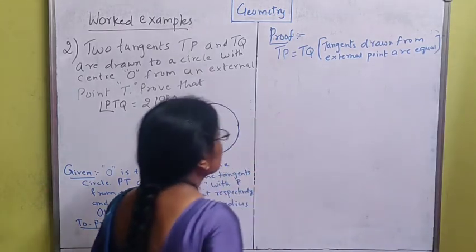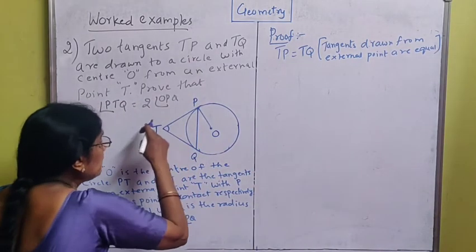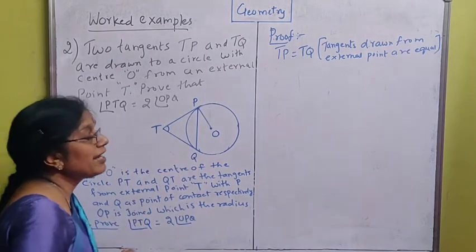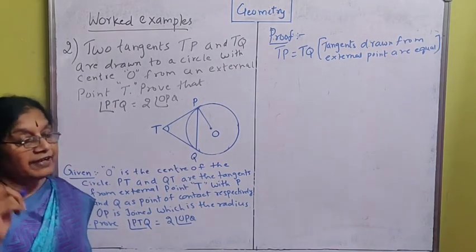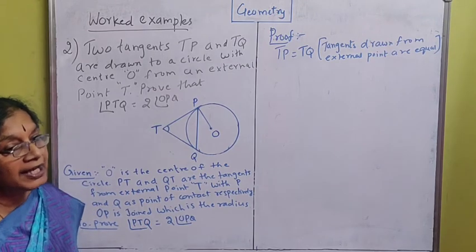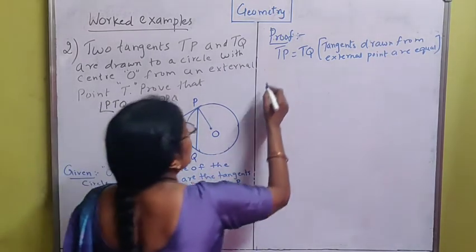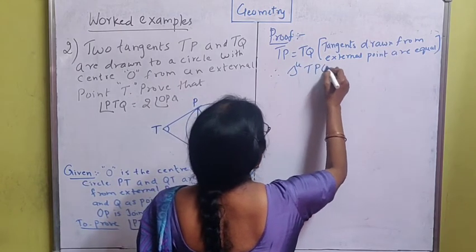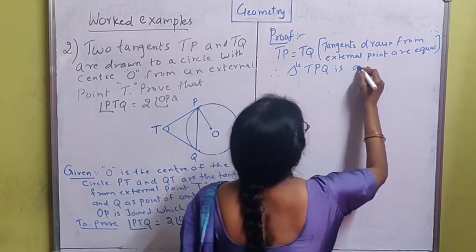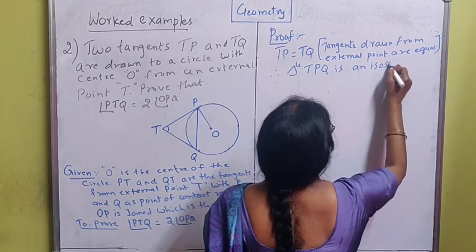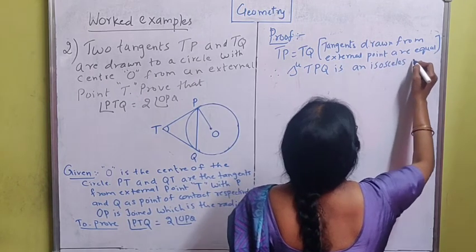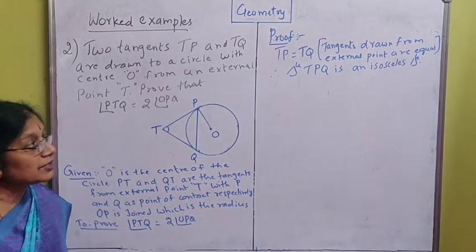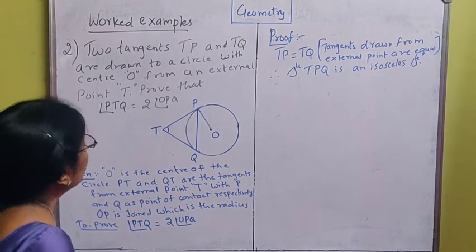This is the reason. So if TP is equal to TQ, the triangle TPQ is an isosceles triangle. A triangle having two sides equal is called an isosceles triangle. So therefore triangle TPQ is an isosceles triangle.